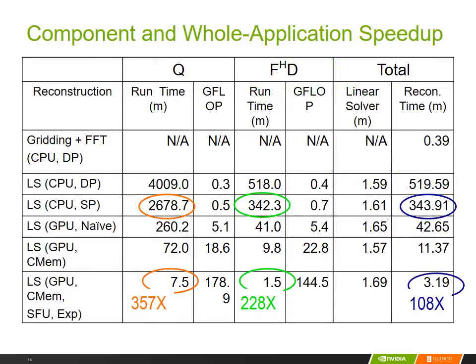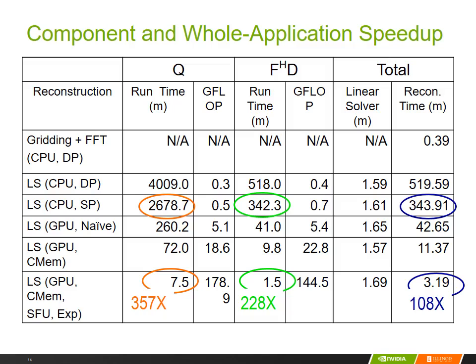With the optimizations, we can drastically improve the reconstruction speed. This slide shows the final reconstruction. If we look at the FHD column, with the CPU single precision the reconstruction takes about 342 minutes. And if we look at the final GPU optimized code, the FHD computation only takes 1.5 minutes.